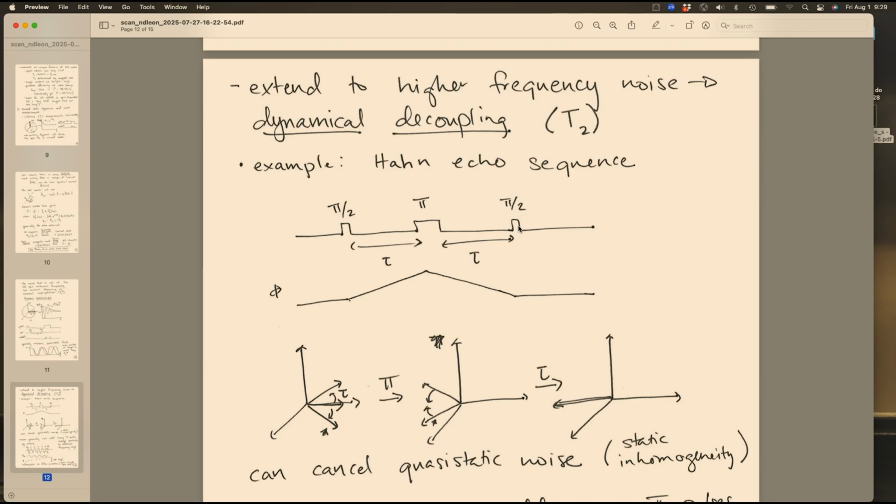They should rephase and come back together, and then I get all of my population back at the end. But anything that is not quasi-static is going to show up as a decoherence term. So this allows me to get past my T2 star limit and extend the coherence time of my sensor out to some T2 for this dynamical decoupling, and that allows me to do much more sensitive measurements.